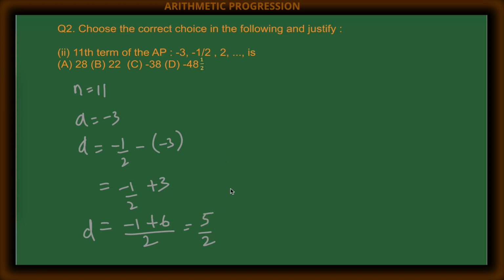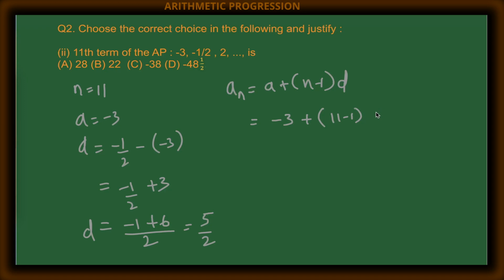Now that we have these variables, let's put them in the formula. An is equal to a plus n minus 1 into d. We need to find an. A is given as minus 3 plus what is n? N is given as 11 minus 1. Is d given?